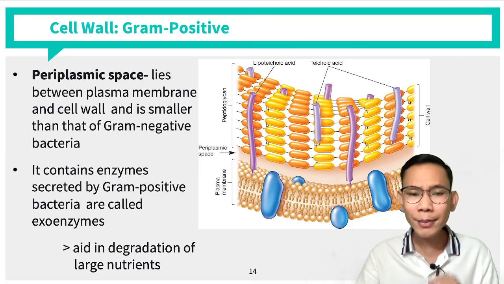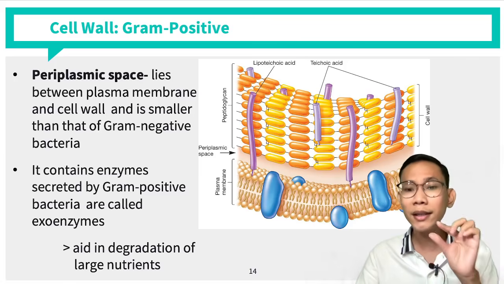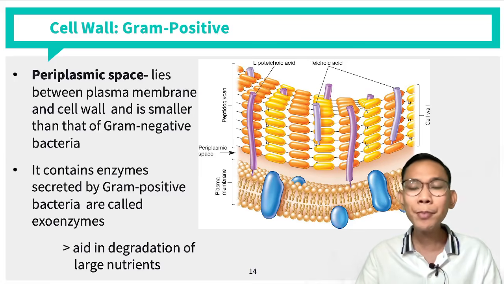However, some textbooks would say that there is no periplasmic space in your bacteria. But for the book that I was using, some would say there's still a small periplasmic space in your gram-positive. So what is the purpose of that periplasmic space, doc? It actually contains enzymes secreted by your gram-positive bacteria, called exoenzymes, and they will aid in the degradation of your large nutrients.